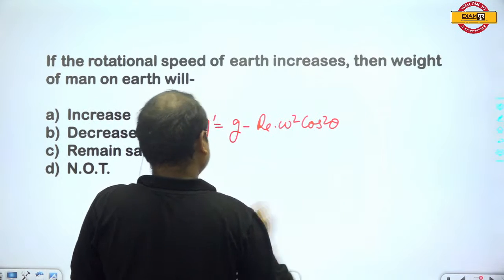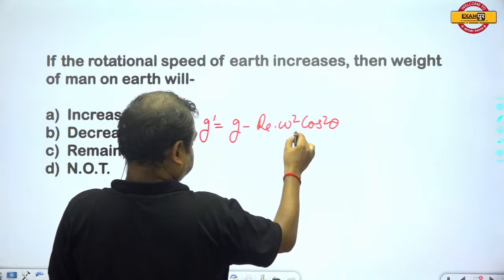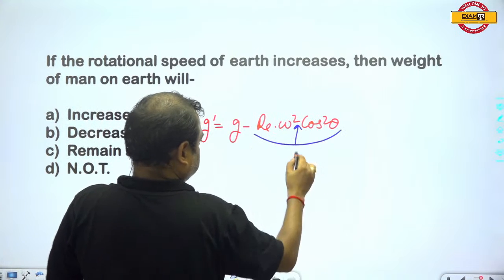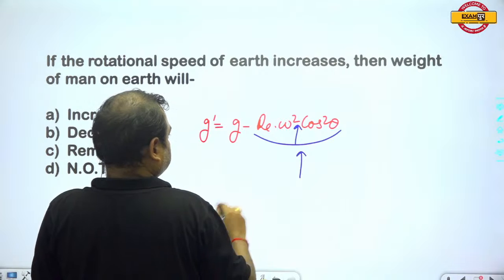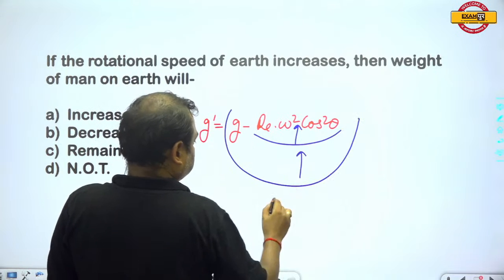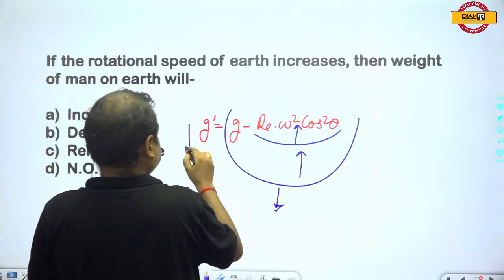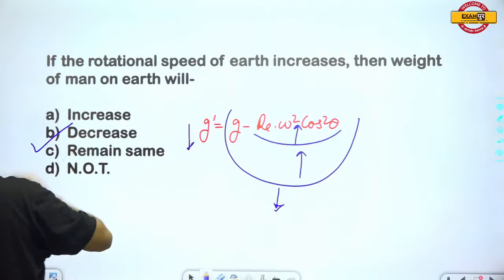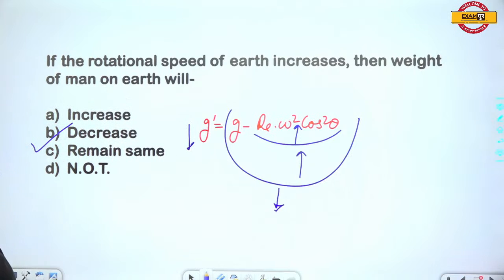So here we can say that if omega increases, this whole quantity will increase. If this quantity increases, g dash will decrease. It means B option will be the correct answer.